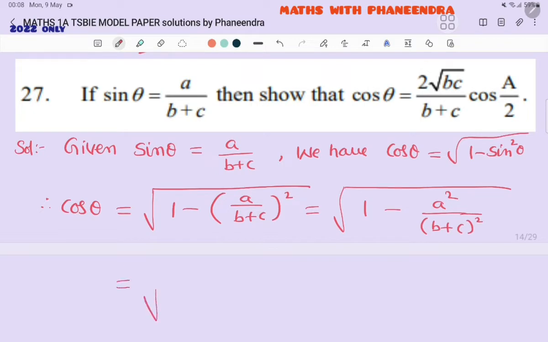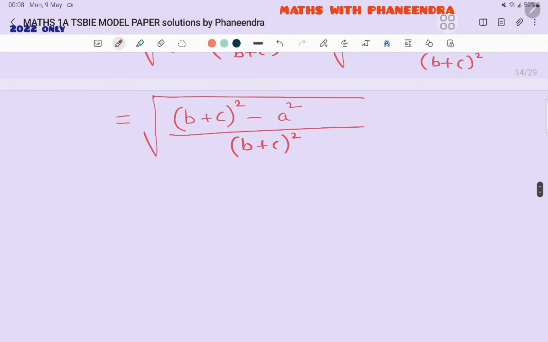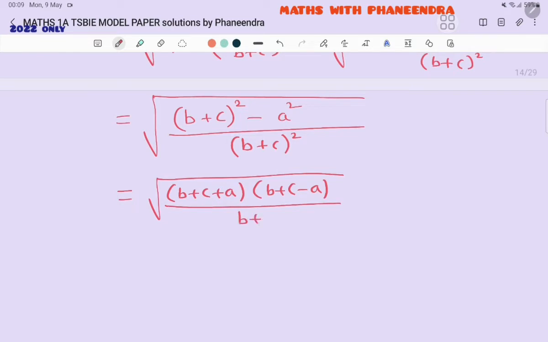So that also can be written as B plus C whole square minus A square over B plus C whole square. It is in the form of a square minus b square, a plus b into a minus b, root of B plus C plus A into B plus C minus A by B plus C whole square.